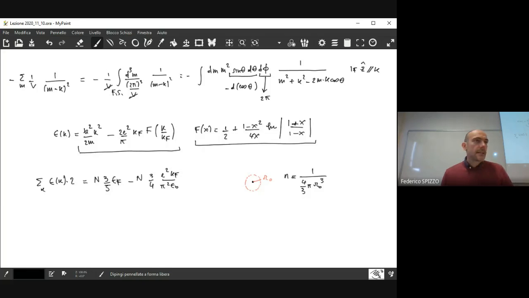So R0 is an estimate of the average electron-electron distance. If you remember, we noticed that Kf to the power of 3 is equal to 3 pi square density. So there is a connection between Kf and R0.